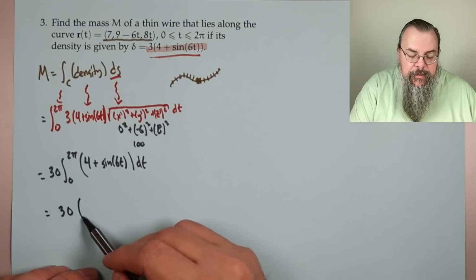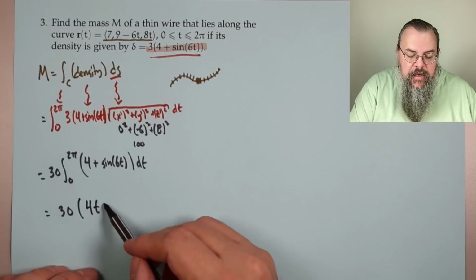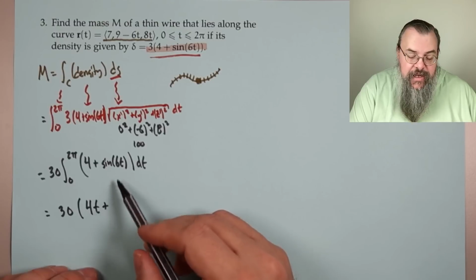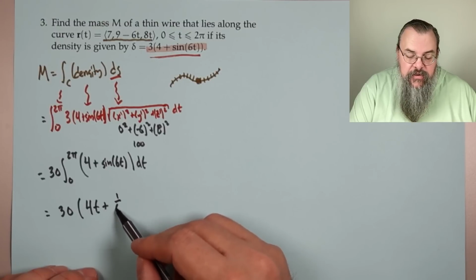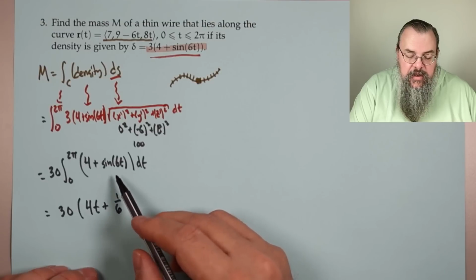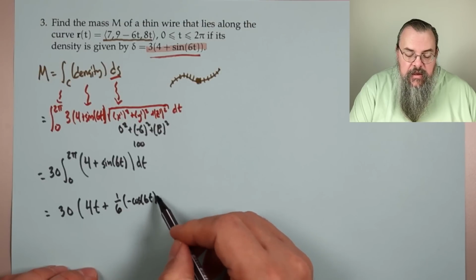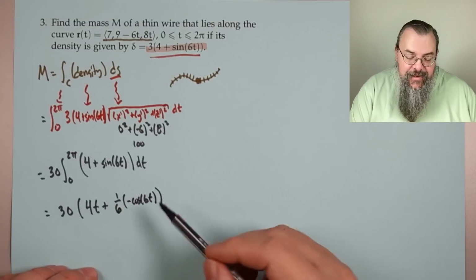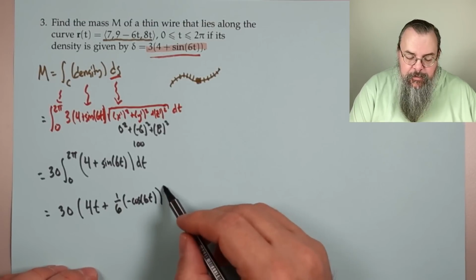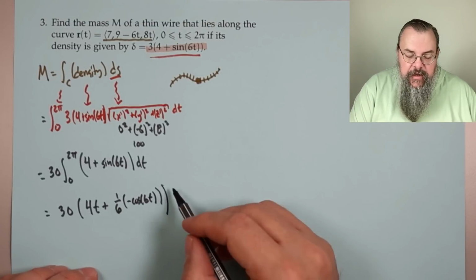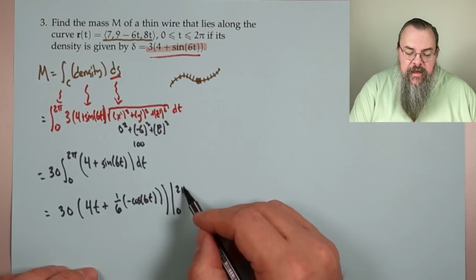So what do we have? 30, and then we're going to get 4t plus the integral of sine, which is 1/6 times a minus cosine 6t. The minus because the integral of sine is negative cosine, and the 6 because you have to compensate for the 6 on the inside. We're evaluating from 0 to 2 pi.